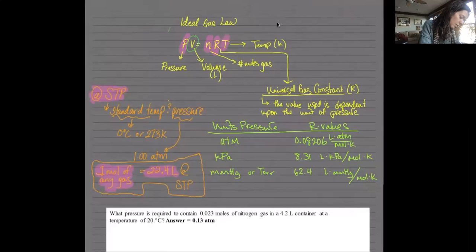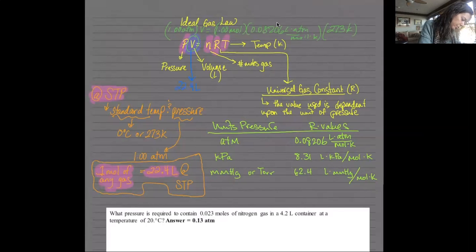If this is 1 atmosphere, and you have 1 mole, and we have 0.08206, and our temp is 273 kelvins, when you solve for your volume here, it will be 22.4 liters. That is a horrible color. Let's fix that.